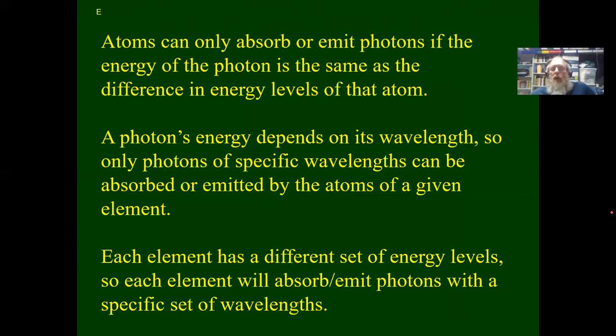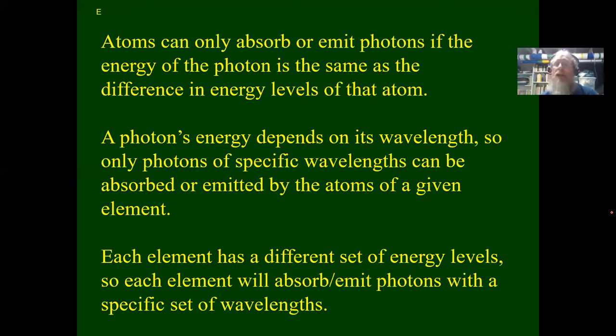All right, so to summarize this with lots of words, atoms can only absorb or emit photons if the energy of that photon is the same as the difference in energy levels of the atom. Photon energy depends on wavelength, so that means that only photons of specific wavelengths can be absorbed or emitted by atoms of a given element.